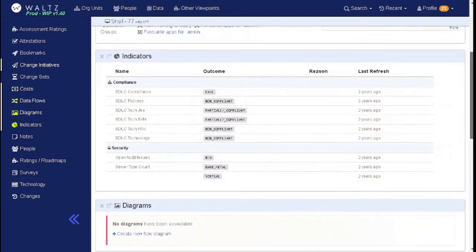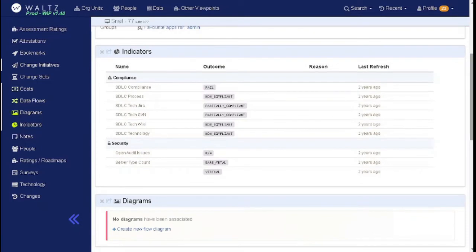Indicators is really a high-level indicator, and this is really just trying to look at data within Waltz, typically, and it's trying to say these are the KPIs or indicators that we care about as an organisation. We have the ability to look at them from the application lens. Obviously, you need to define these yourself for your organisation, what makes sense to your organisation.